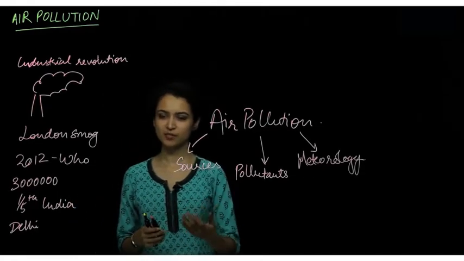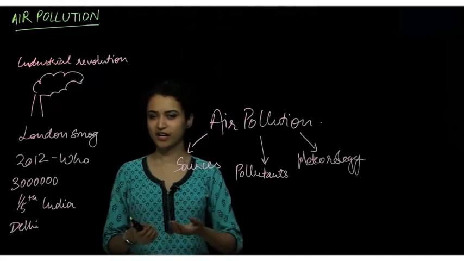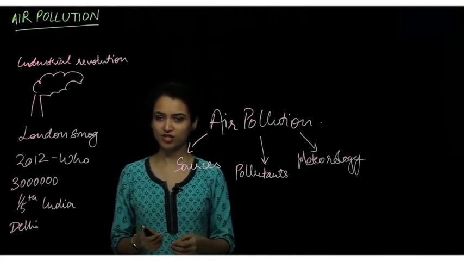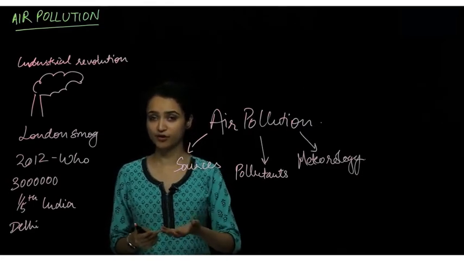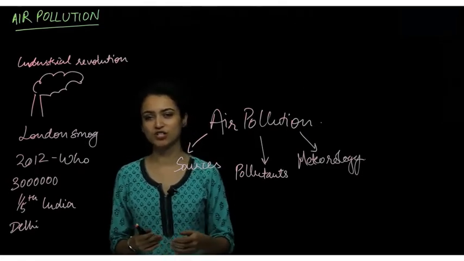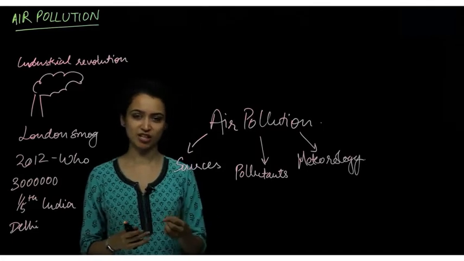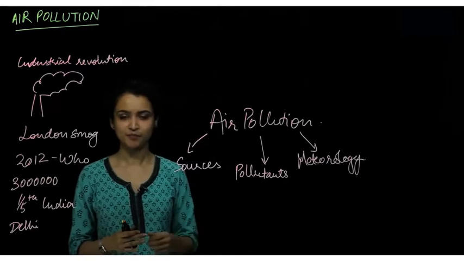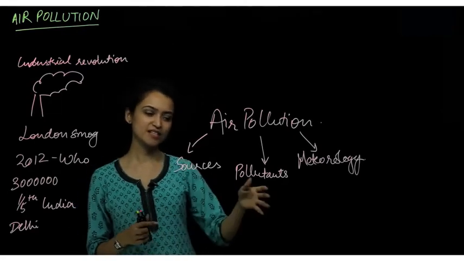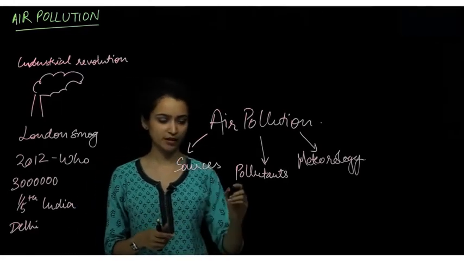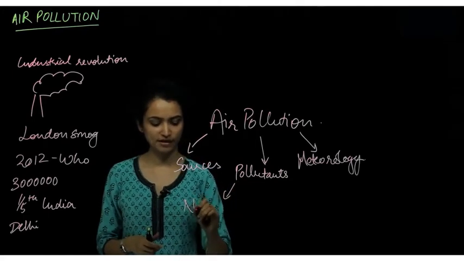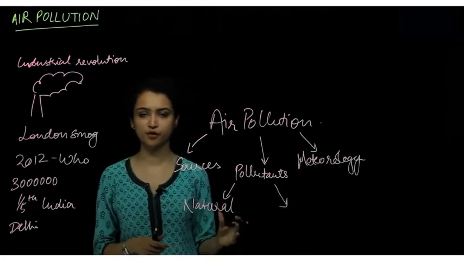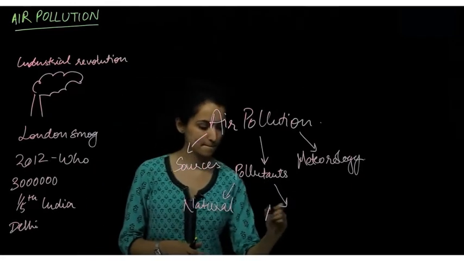air pollution is basically presence of either gases, or liquids, or solids in the air which are harmful to our health, which can harm animals, which can harm plants, which can harm materials. So these pollutants could be either from a natural source or from an anthropogenic origin.